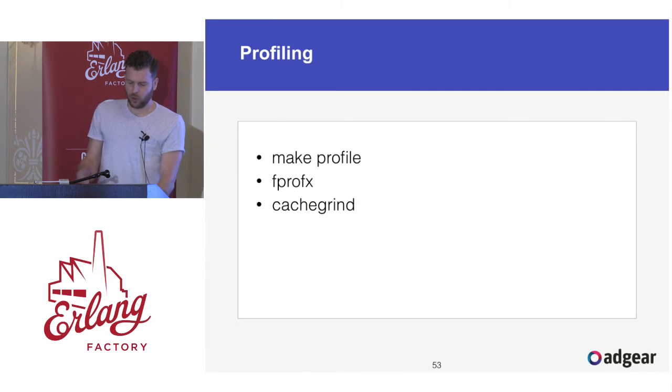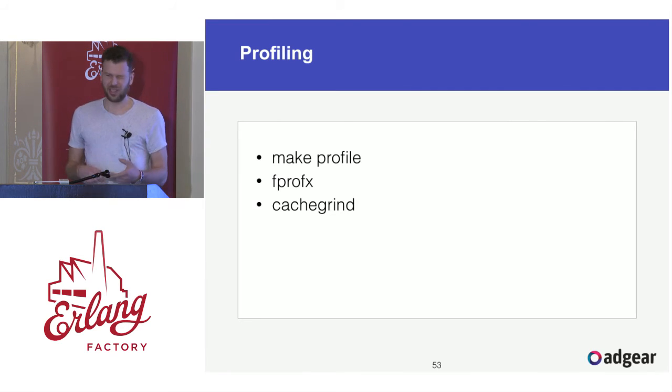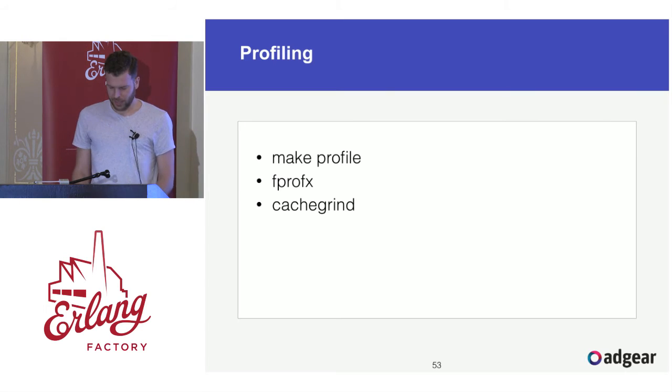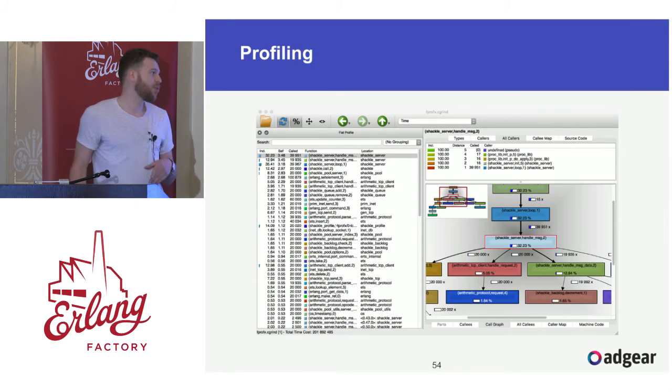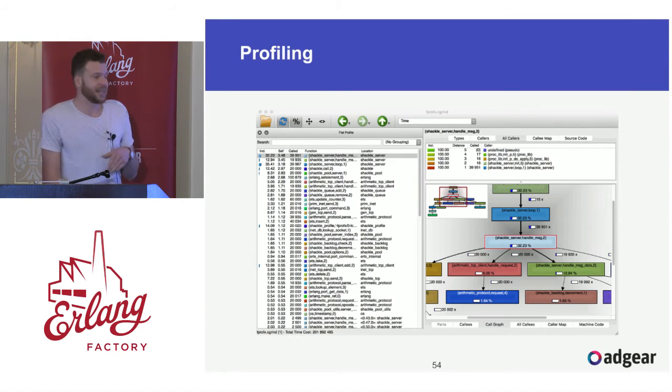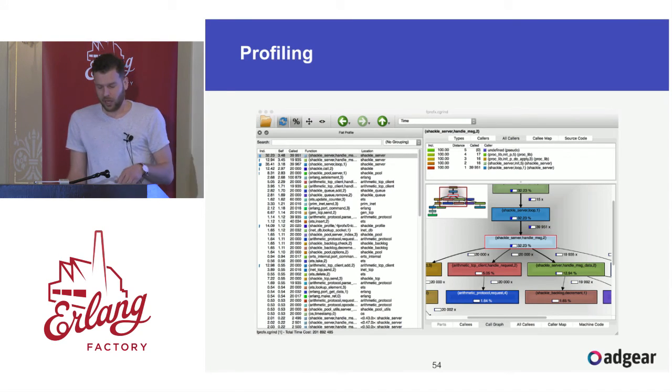If your OS doesn't support cachegrind, there are alternatives: QCacheGrind and KCacheGrind. So this is the output. When I run make profile, this is what I get. I can get time for the whole application or per module.